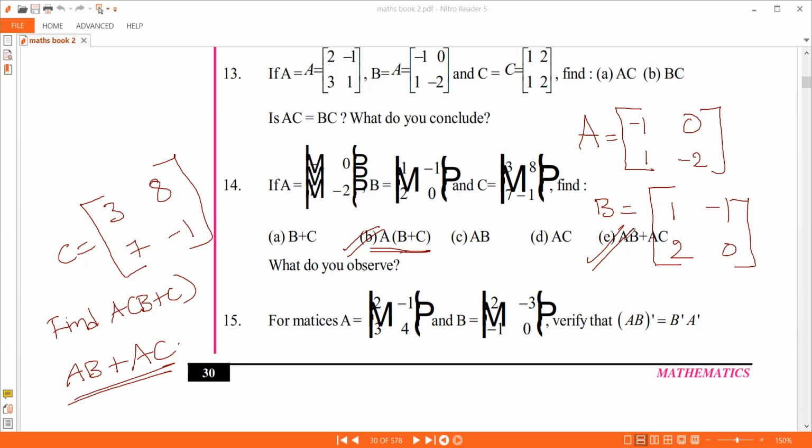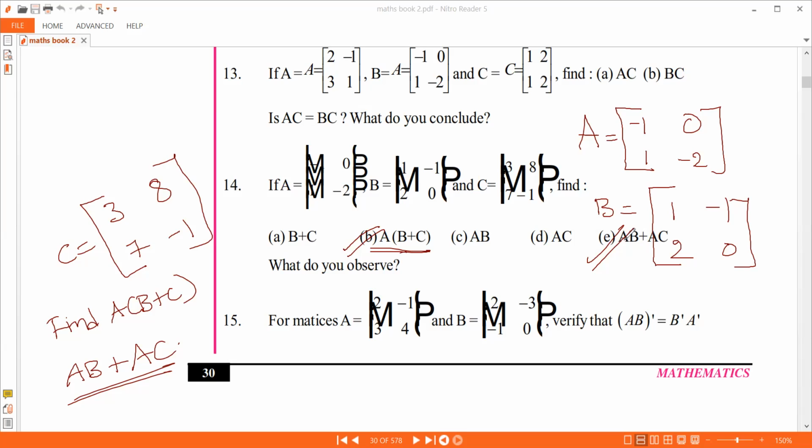That is AB. Next one will be minus 1 into minus 1 plus 0 into 0. Do it. Minus 1 into minus 1, 0 into 2, and minus 1 into 1, 1 into 1 plus minus 2 into 2, and then 1 into minus 1 plus minus 2 into 0. Okay.